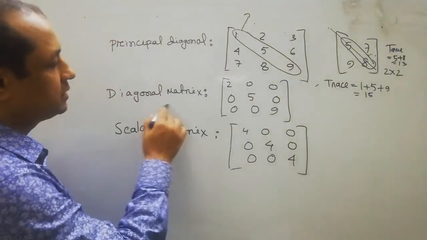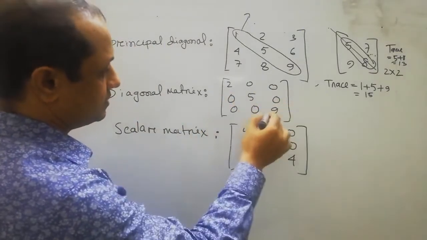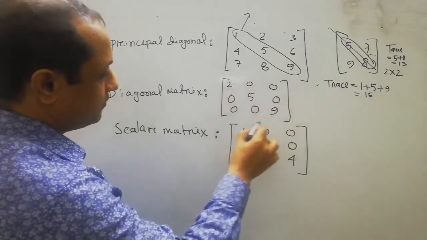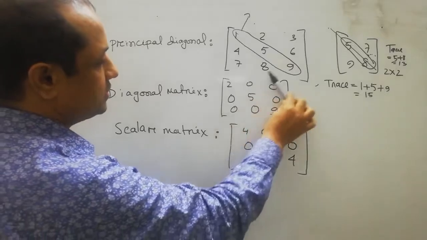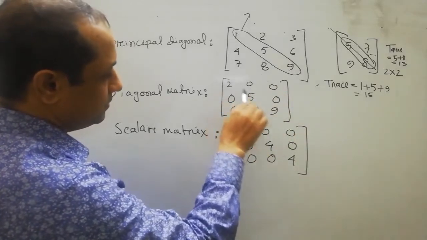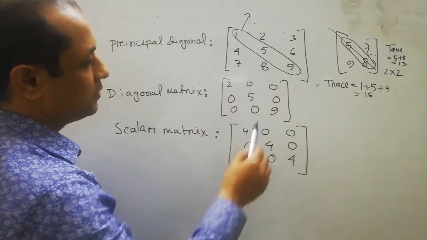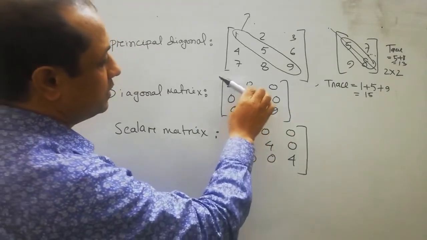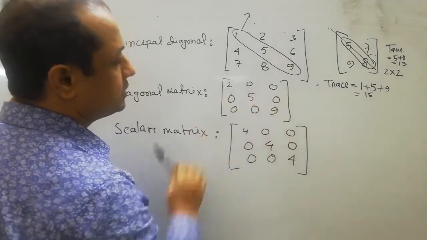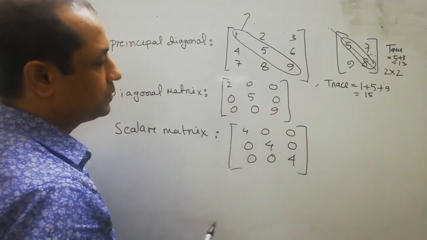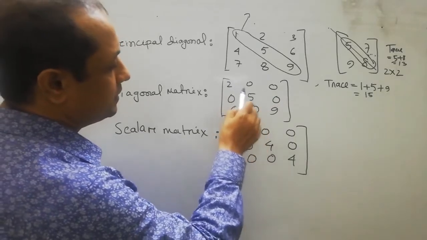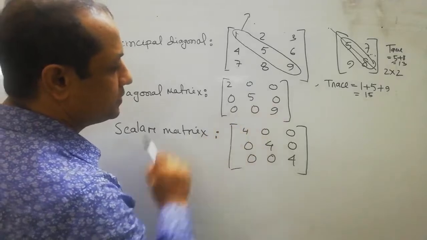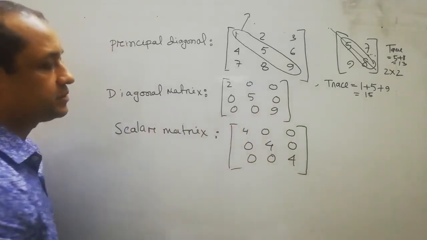So here, this is a square matrix. Look at the board. Here all the entries are 0 except the principal diagonal. So here all entries are 0 except the principal diagonal, so this is a diagonal matrix.